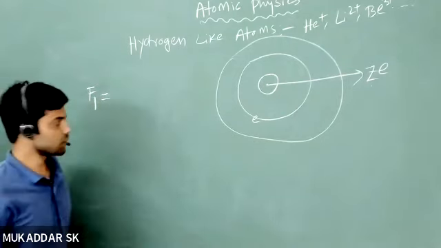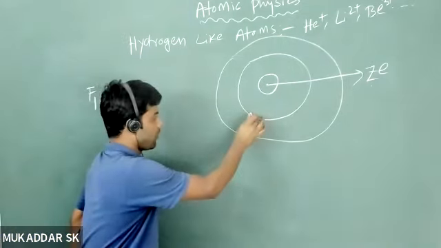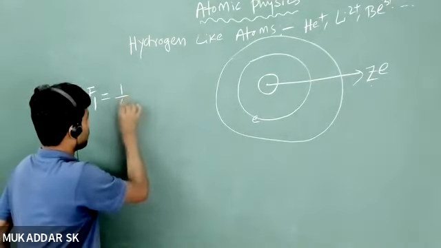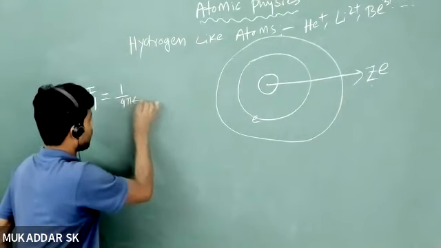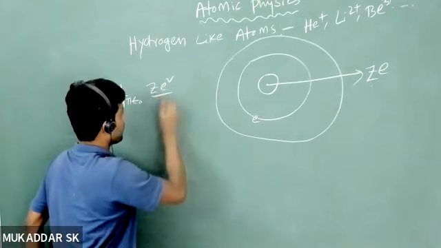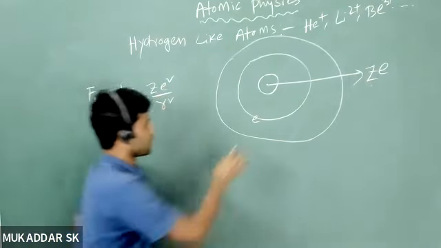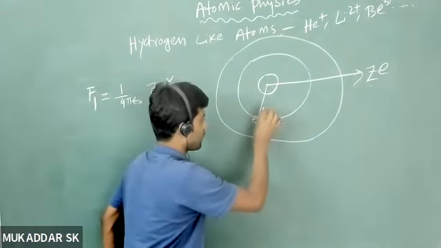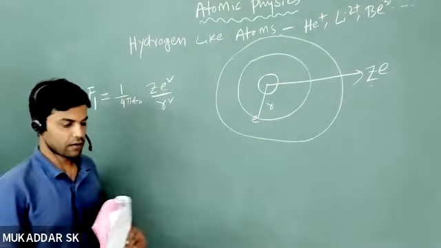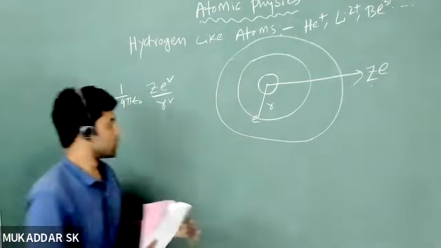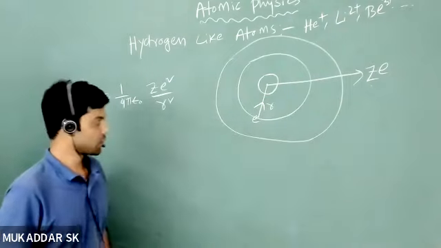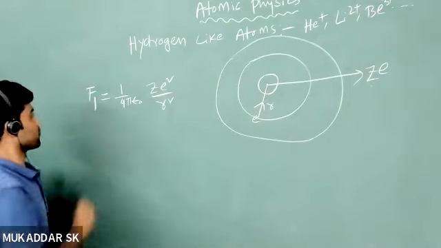The Coulomb force acting on this electron due to the positive charge will simply be 1 by 4 pi epsilon naught into Ze square divided by r square, if the radius is r. This force is acting towards the nucleus.